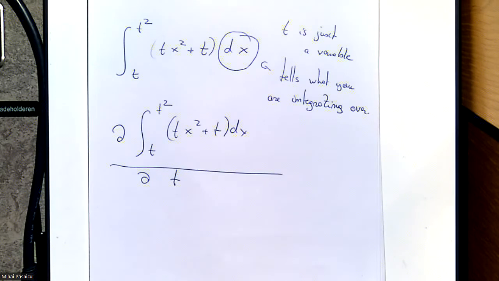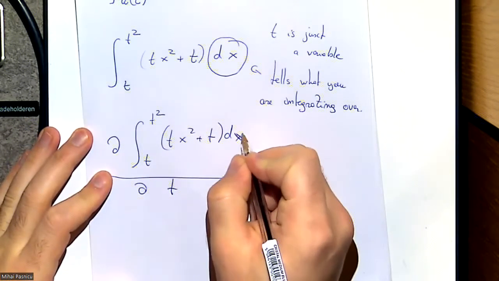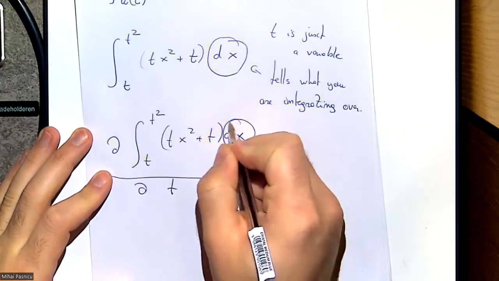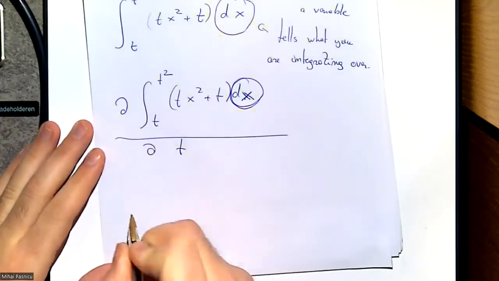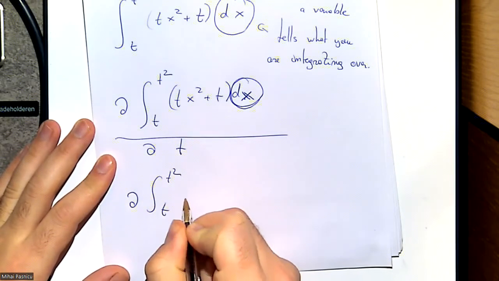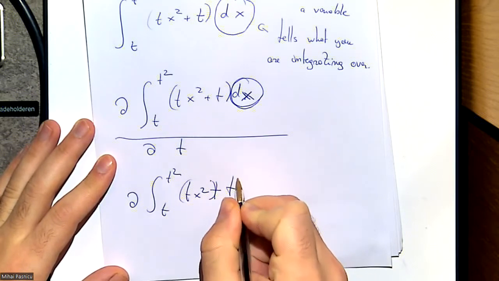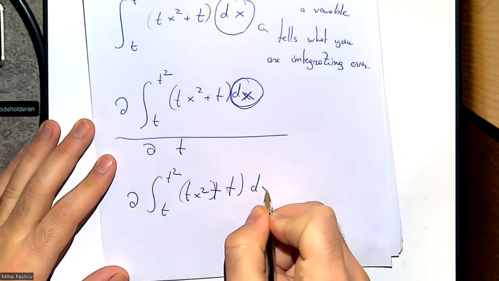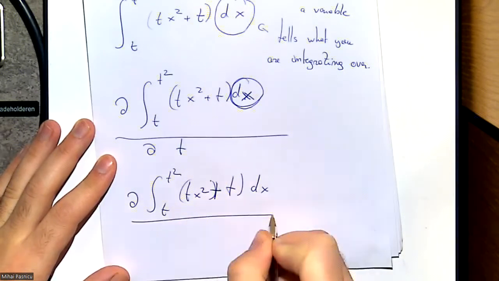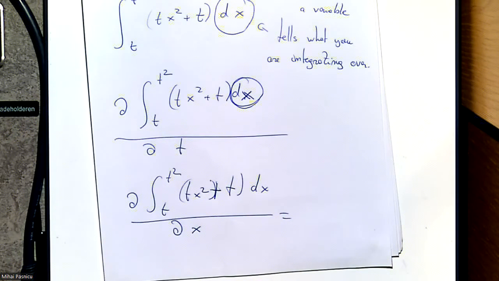Now, I'm going to emphasize again, this thing is dx. It's really, really important. Just so we're clear, if we take a derivative of tx squared plus t dx, but we take a derivative with respect to x, then it's fine, but then you're just stuck with the primitive thing.